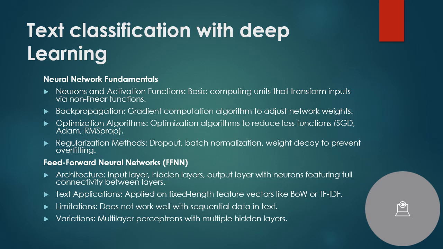Feed-forward neural network. In this, layers of interconnected neurons pass information in only one direction, and it is used for text classification when the text is converted into fixed length vectors. The limitation is that it doesn't handle sequential data well.